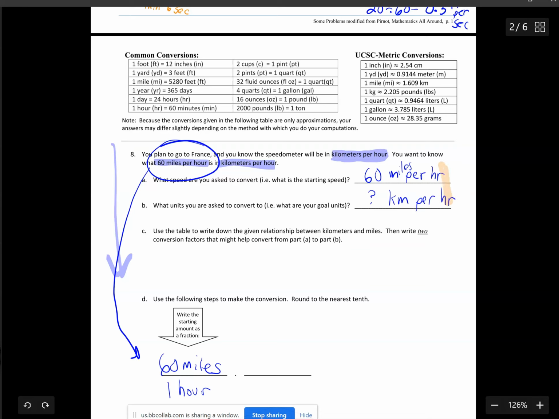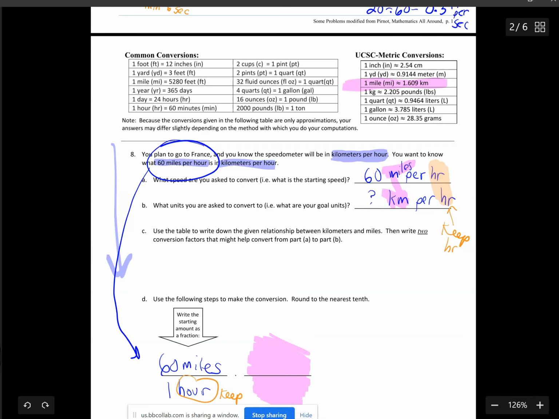We see that the hour is the same, so we want to keep the hours. But then we picked some information off our table that would convert the miles part to kilometers.